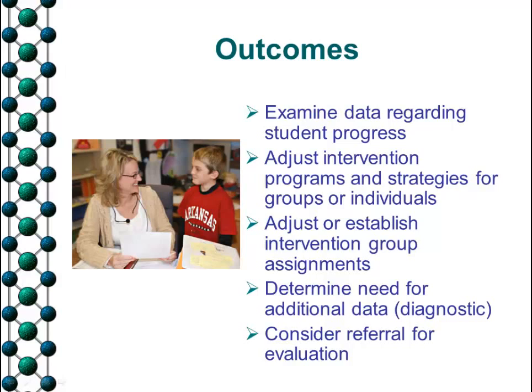And there's always further diagnostics on the table that we could consider if we're just not finding the root cause of why a student isn't responding adequately. And eventually, if we have a student who we have walked through and tried to figure out what the root cause is and they're still not responding, we may want to consider a referral for evaluation.